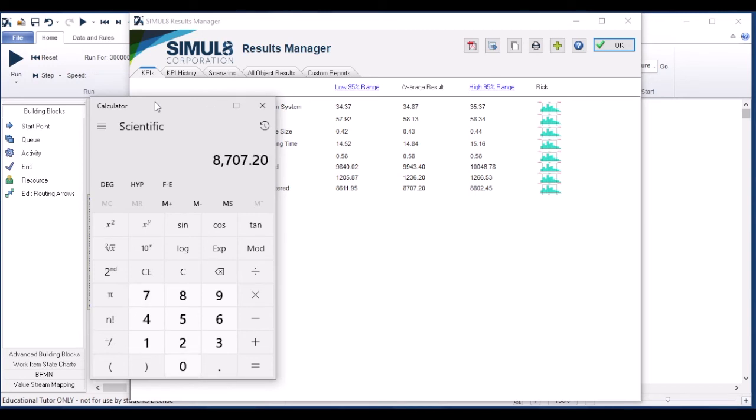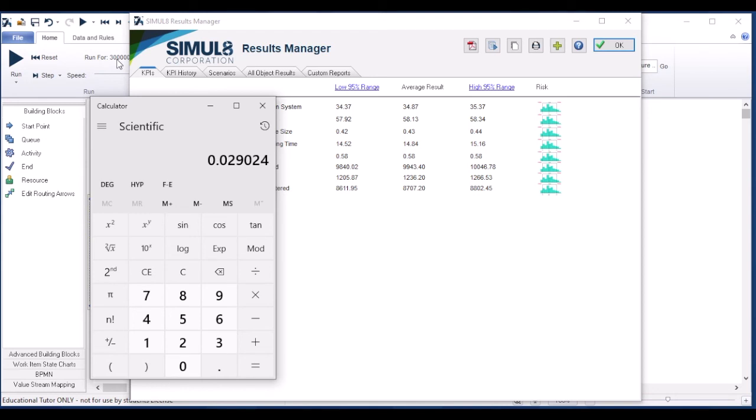8707.20. This is the total number of customers that arrived and remained in the simulation, divided by the total amount of time you have observed, which, as we have seen, is 300,000 minutes. So 0.029024 customers per minute.